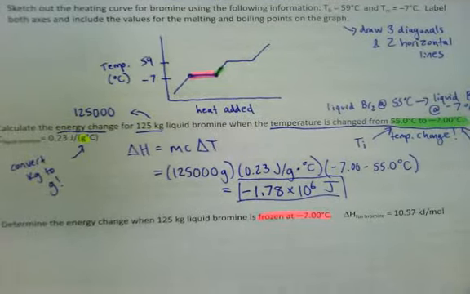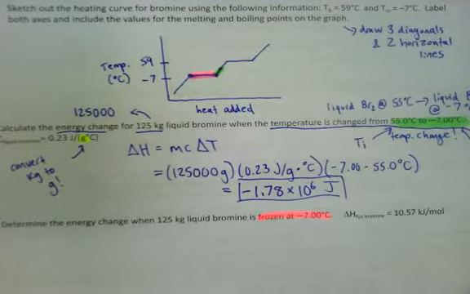And what we can do here is a little bit of dimensional analysis to figure out how much energy we need to release to freeze this much bromine. We just did a conversion earlier, this is 125,000 grams of bromine. I'll use parentheses here for those of y'all who like to use parentheses.